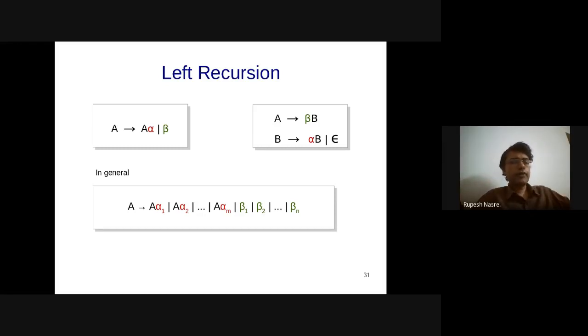As soon as you have an algorithm for this, you can do it mechanically. You can code it up as a program, and programmatically you will be able to transform this. So E derives E plus T or T. T derives T star F or F. F derives parenthesized E or name or number.